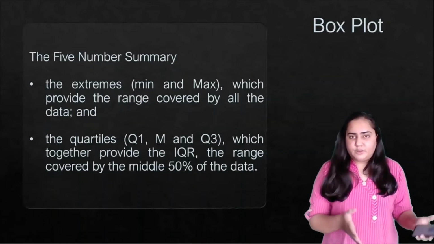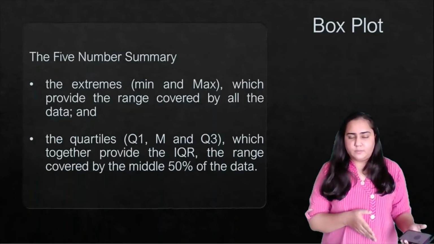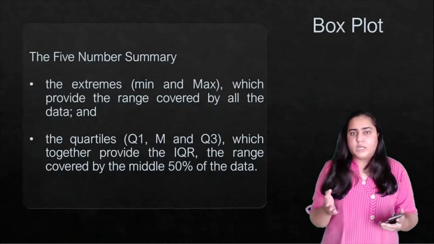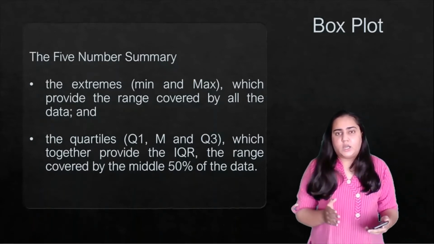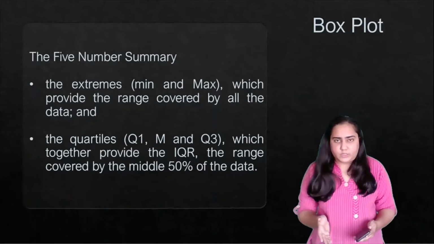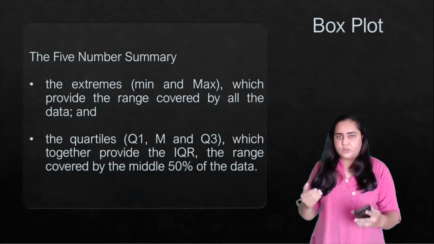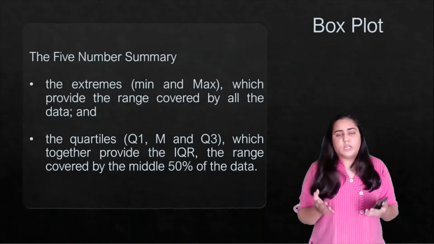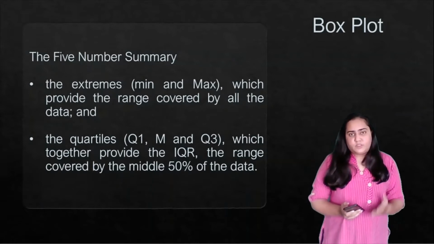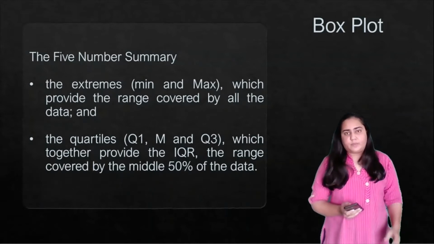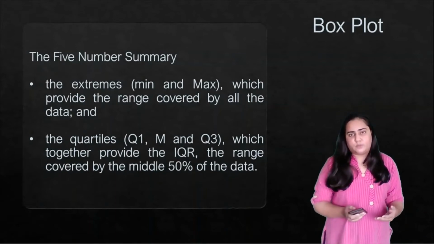Q1 is the midpoint of the 50% data that is below the median, and Q3 is the midpoint of the 50% data that is above the median. These values, min, max, Q1, Q3, and M, together form what we call the 5 number summary of a data set. And this summary can be used in order to create a box plot.